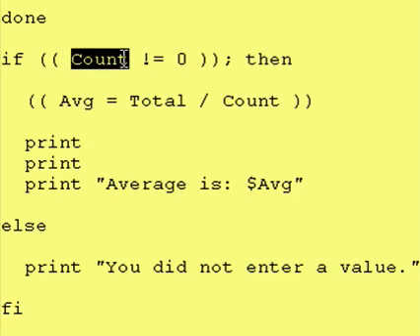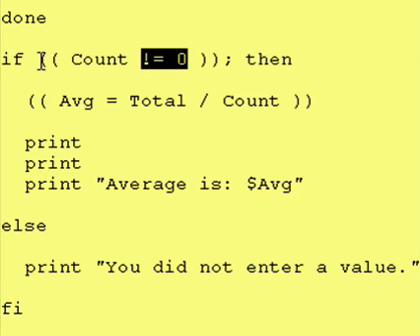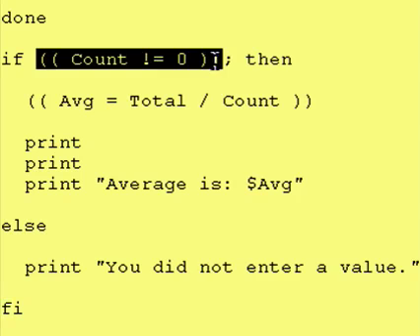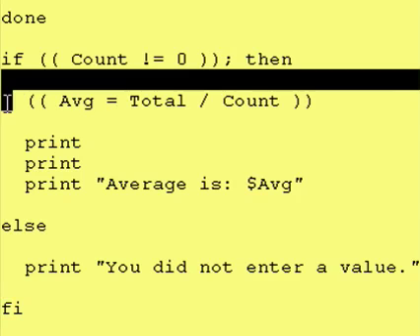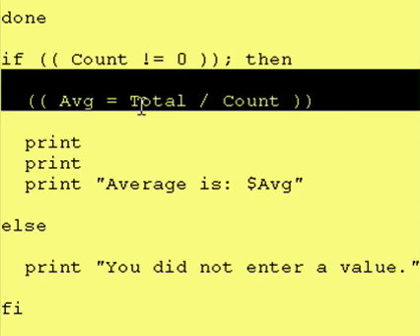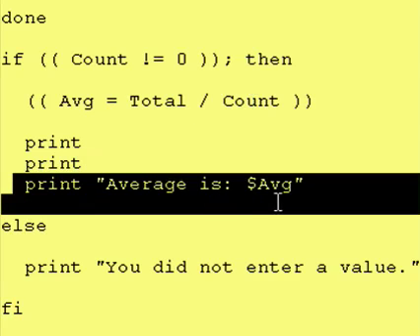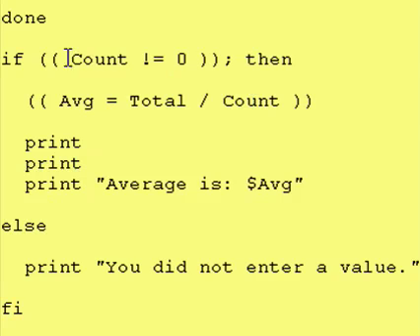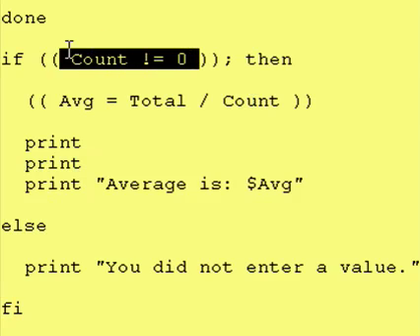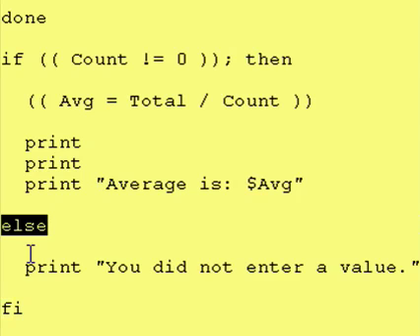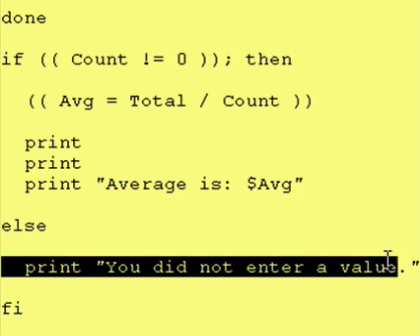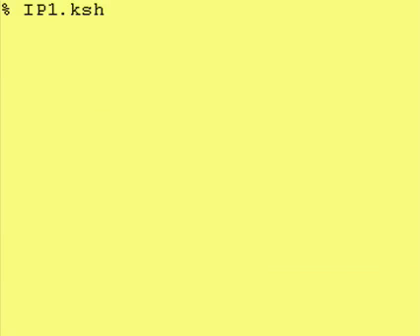We check to make sure that count is not 0. If count is not 0, then we calculate the average, which is just total divided by count, and then we print the average. However, if the count is 0, then this test is false. So therefore, we go down to our else portion of our if, then, else statement, and we tell them you did not enter a value.